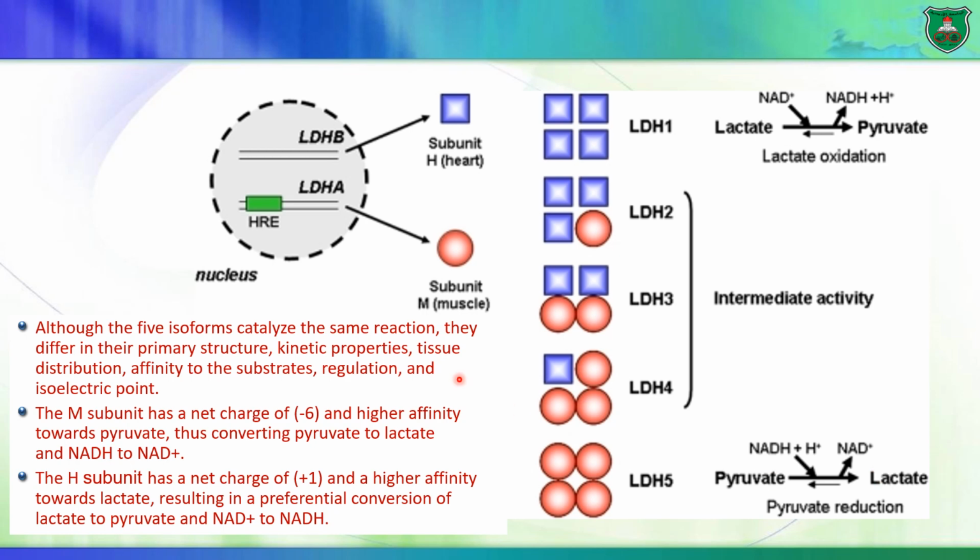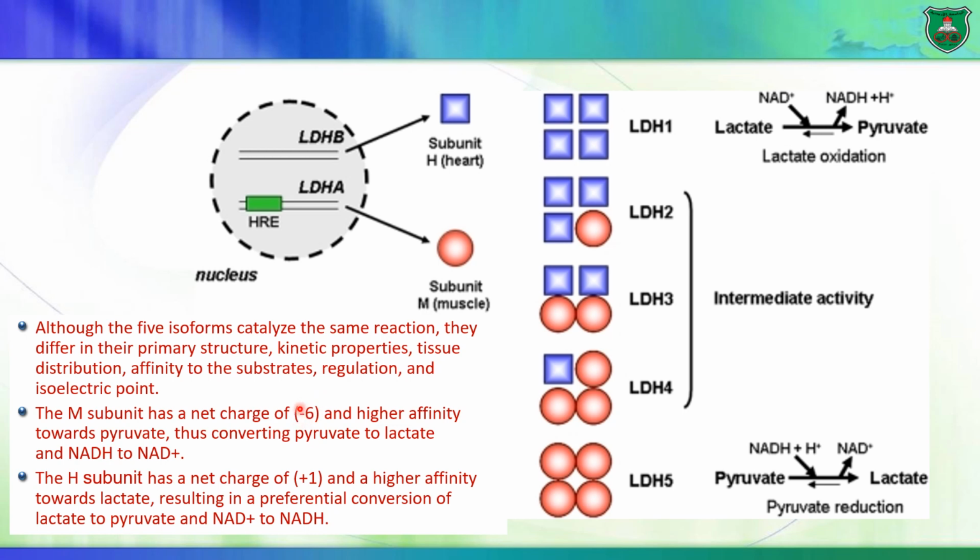Okay. Now, of course, these 5 isoenzymes have different tissue distribution, as we will see in the next slide. They have different affinities to their substrates. Okay, and they are regulated differently, and they have different isoelectric points as well. So for example, the M subunit has a net charge of -6.